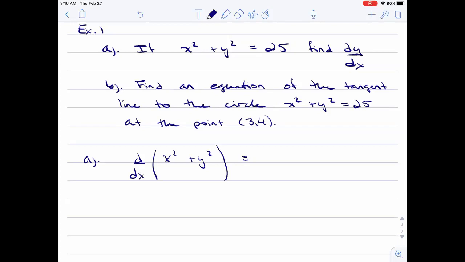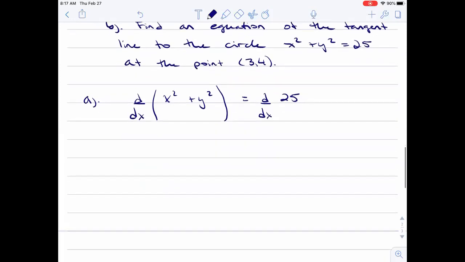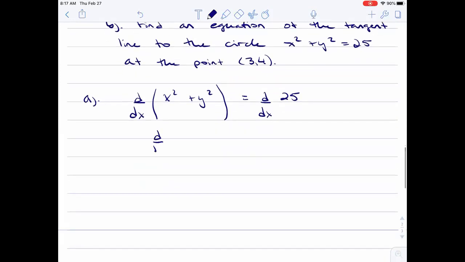So we can set that up here, d dx of 25. Since I'm adding inside the brackets on the left-hand side, I can just bring that derivative inside. So then I'm taking d dx of x squared plus d dx of y squared equals, and then the derivative of 25 is just 0. The derivative of a constant, because there's no x in there.